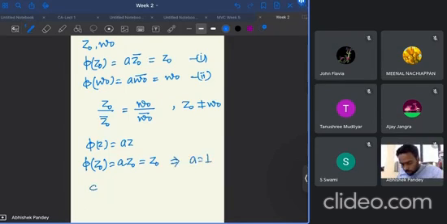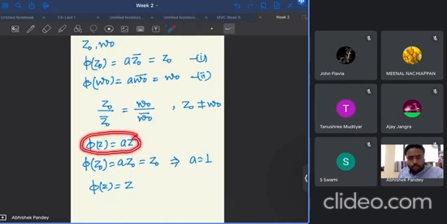So phi of Z is basically Z. So this is identity only. It means that if you have a function phi Z equal to AZ, and it fixes two non-zero points like Z naught and W naught, in that case A is going to be 1. So it will be of this form only.